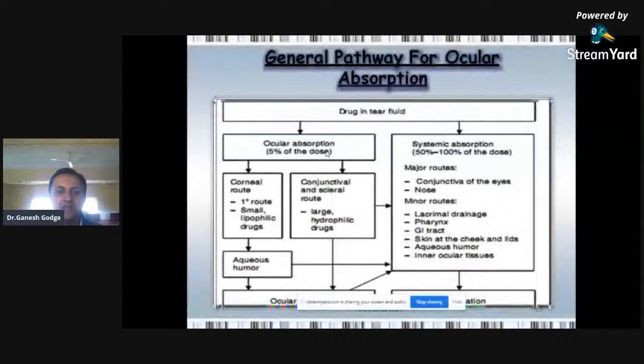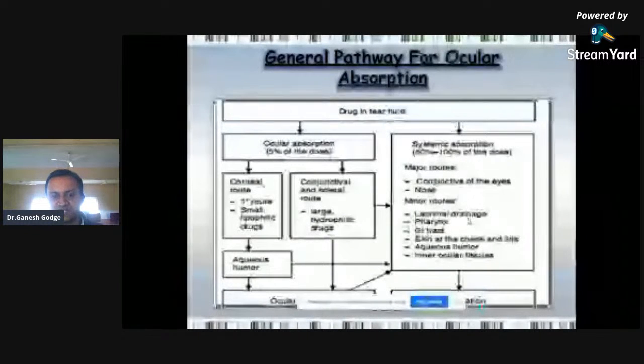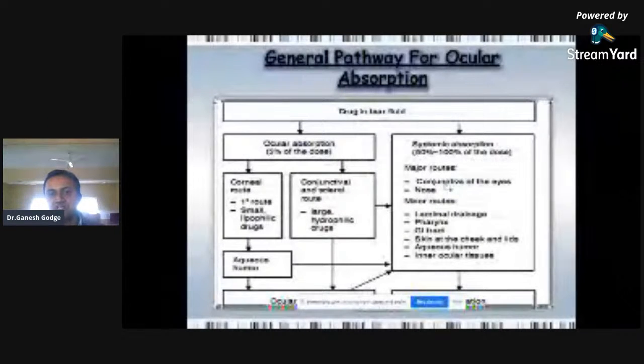In the case of the corneal route, after percolation the drug enters the aqueous humor, then interacts with ocular tissue, and thereby gives its systemic response. In the case of the conjunctival route, whenever these molecules enter, they give systemic absorption. The major routes giving systemic absorption are the conjunctival route or the nose. The minor routes are through lacrimal drainage, pharynx, gastrointestinal tract, skin and aqueous humor.